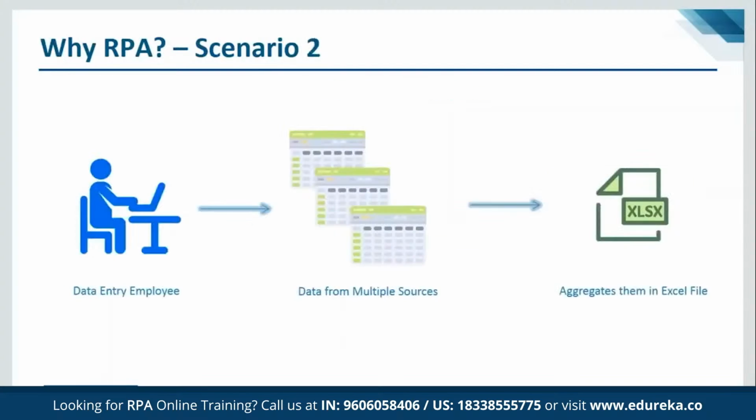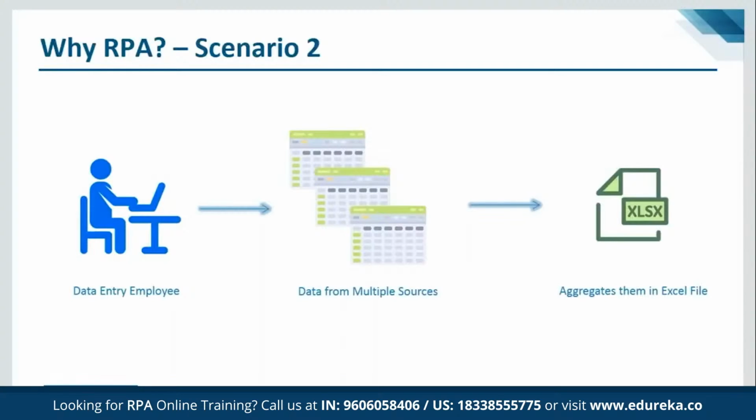Let's take another example: a data entry employee. The typical job of a data entry employee is to take data from multiple sources and aggregate it inside one file. This employee follows the same steps each and every day, for each and every iteration, and then saves it inside one file.